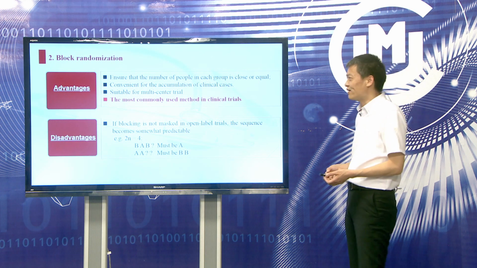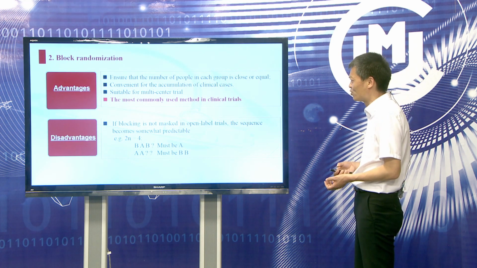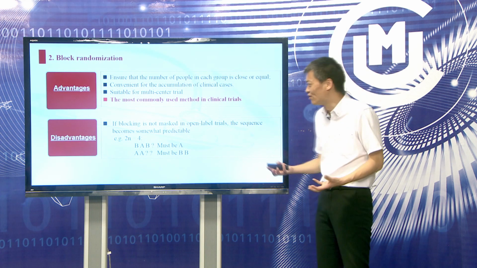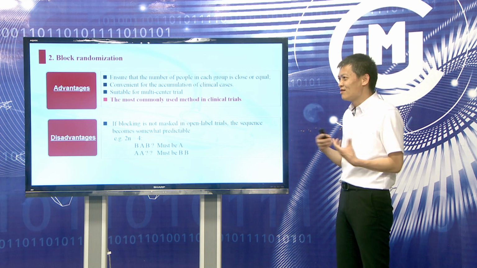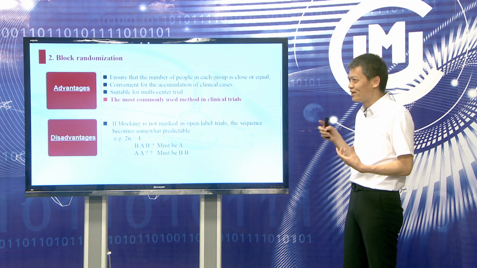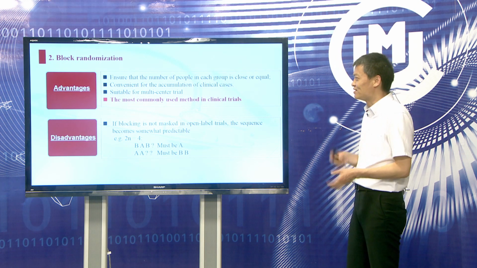But if blocking is not masked in open-label trials, the sequence becomes somewhat predictable. For example, if the block size is 4 and the first three in a block are allocated B, A, and B, the last one must be A. So this is the disadvantage of block randomization.